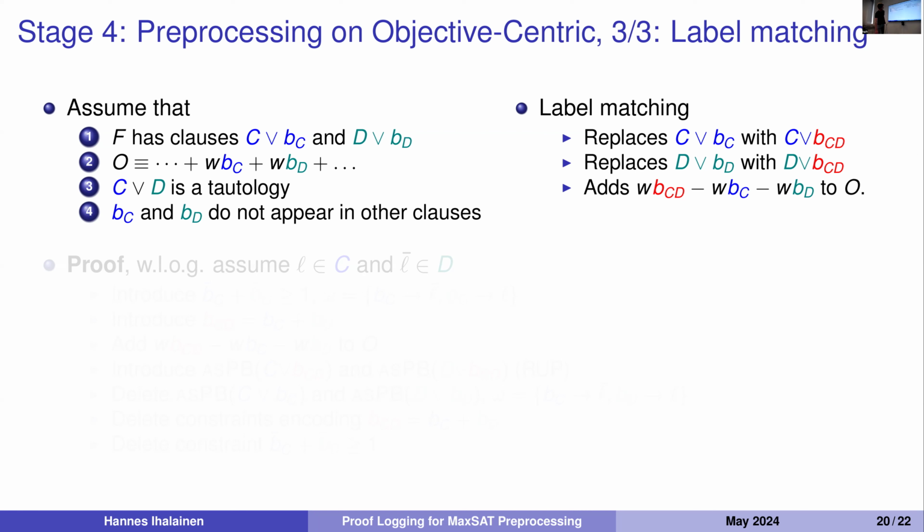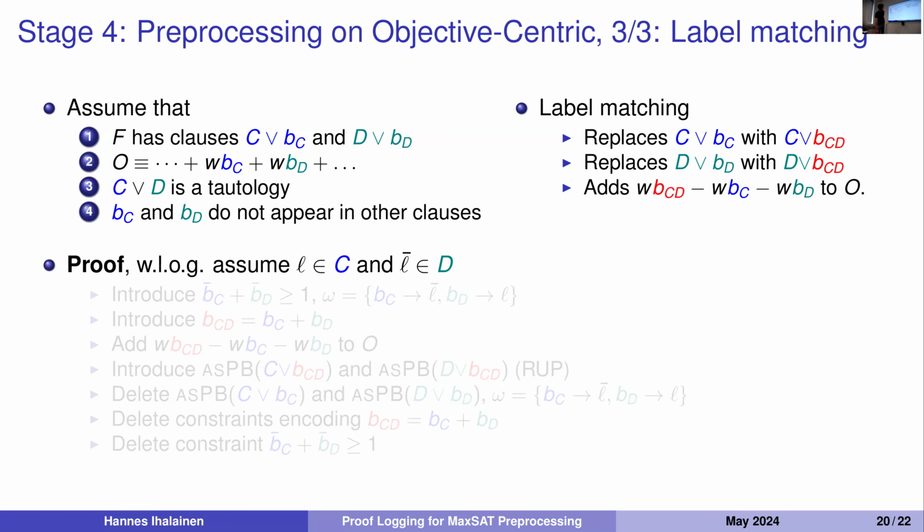Okay, so what does the proof for this technique look like? First, because C or D is a tautology, we can assume without loss of generality that we have literal L in C and not L in D. Well, if C or D wasn't a tautology itself, but that is never the case in our preprocessor.